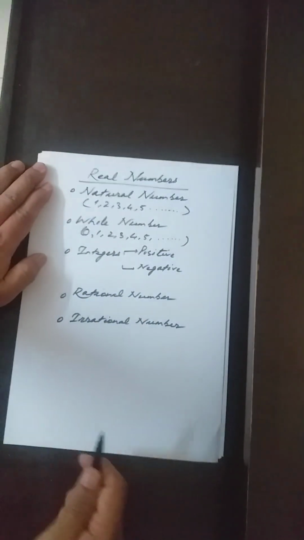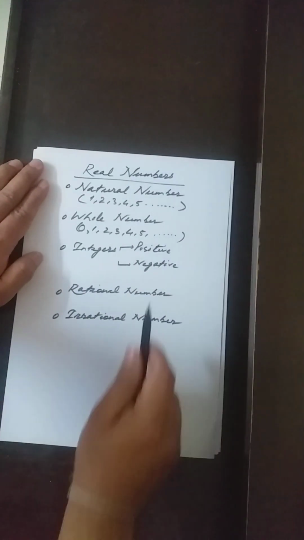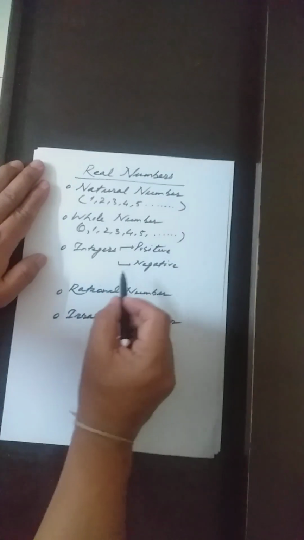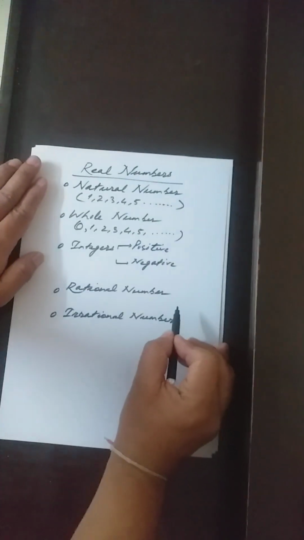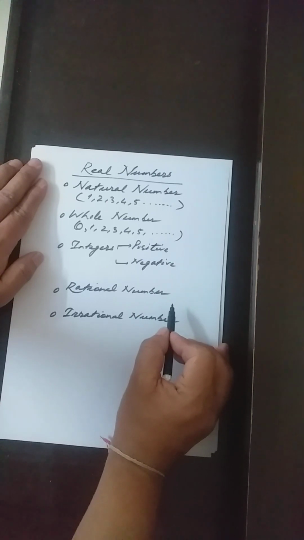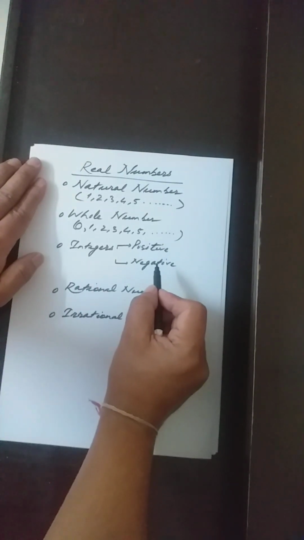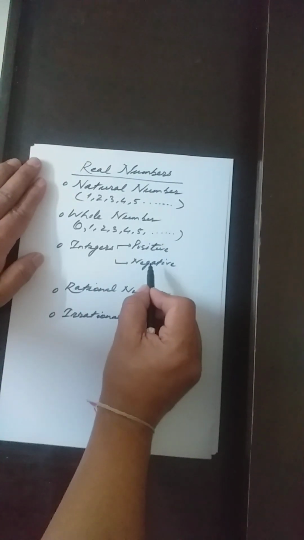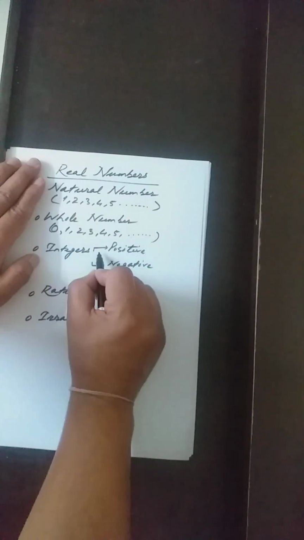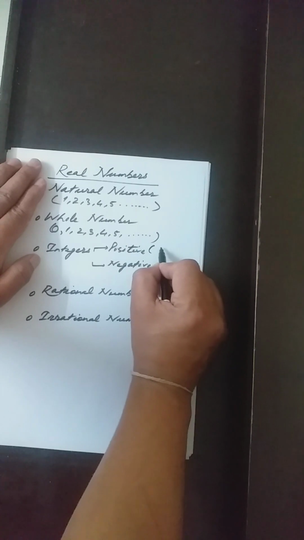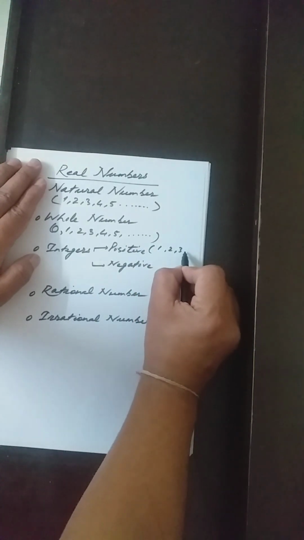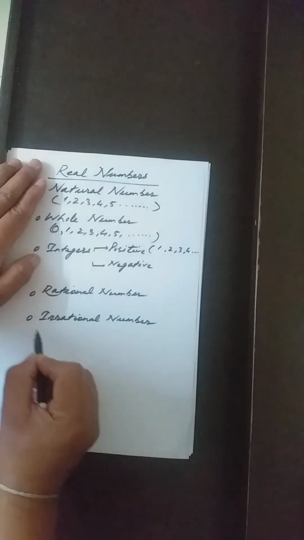And what about the integers? Integers can be called natural numbers with positive signs and natural numbers with negative signs. And what are positive integers? Positive integers means natural numbers 1, 2, 3, 4, and so on and so forth.